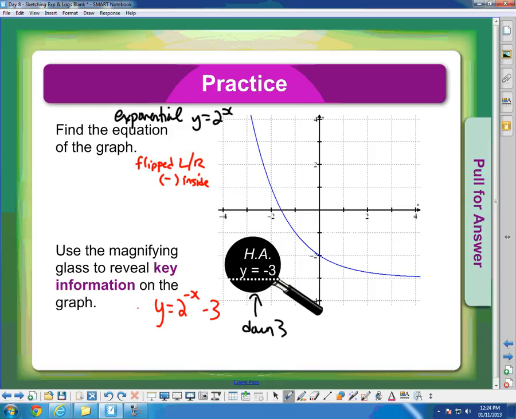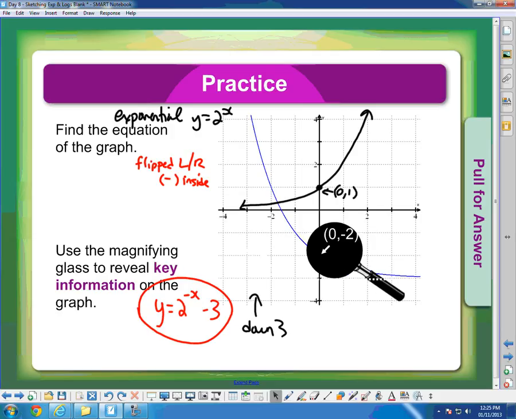The only thing left is to determine if it moves right or left. Well, let's remember the original exponential function goes like this. It goes through this point and then it goes off like that. So that's an important point, 0, 1. If I move it down 3, it would move down to this spot.